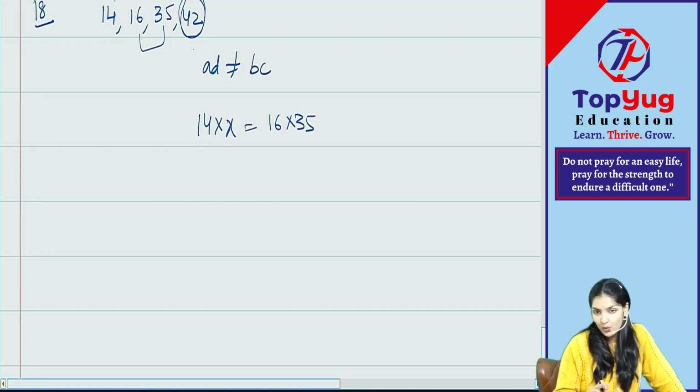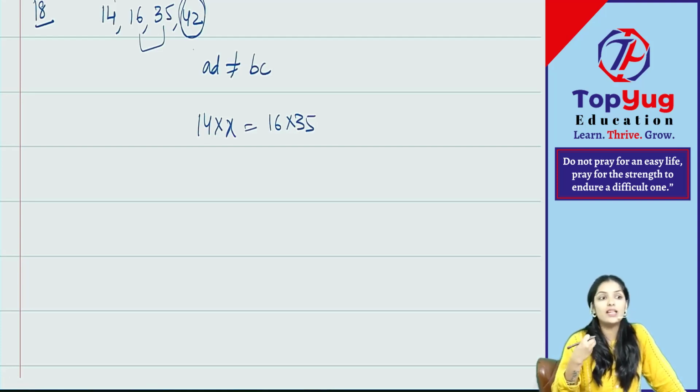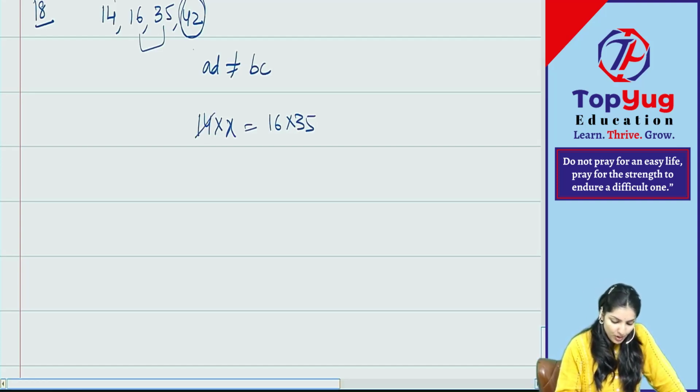I already said it, but sometimes some methods take longer than the actual method. So I'm going with the x over here. I don't know what the fourth proportion should be. So basically, 2 sevens are, 2 eights are, 7 ones are, 7 fives are. What should be the fourth term? 40. The fourth term is 40.